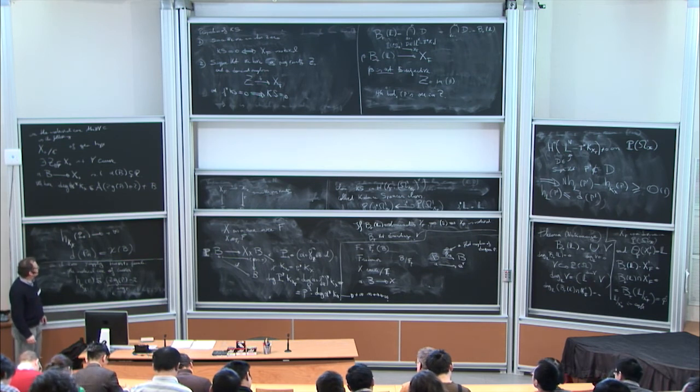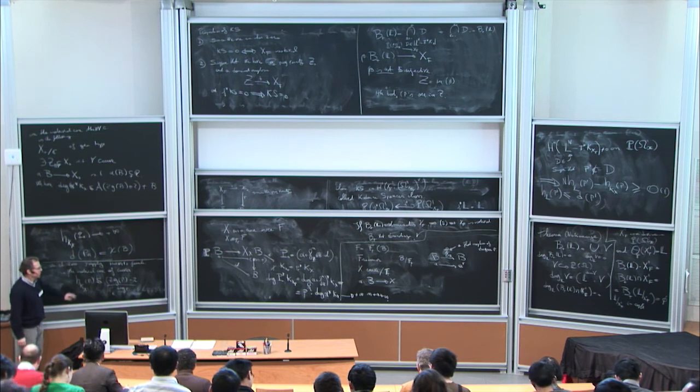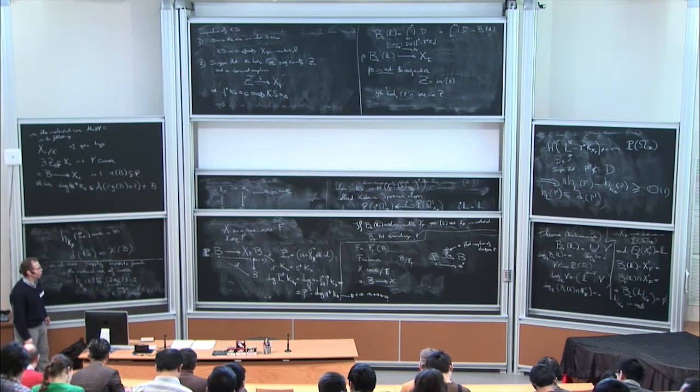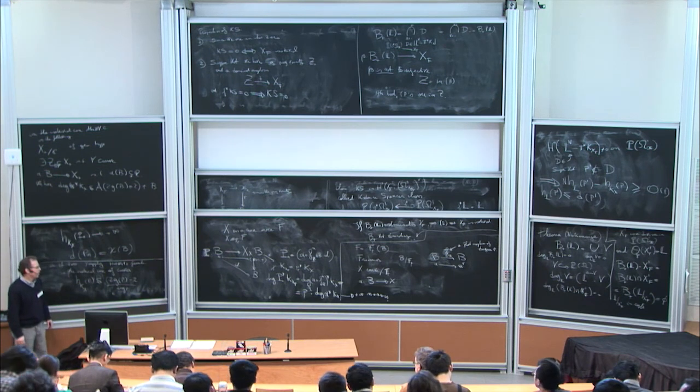But in characteristic p, the inseparable morphism shows that you cannot hope for this formula.